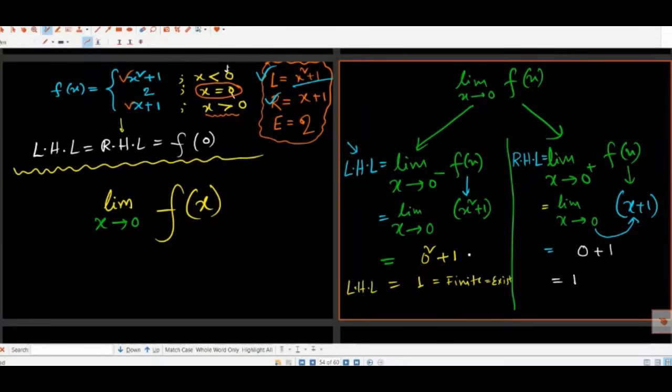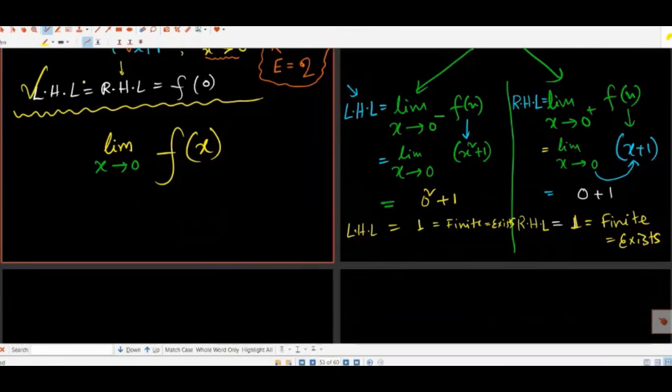We are getting 1. So left hand limit and right hand limit are same. Right hand limit is 1. It also is a finite value. That means it is going to exist. Yes, sir. It also exists. So this is left hand limit and right hand limit.